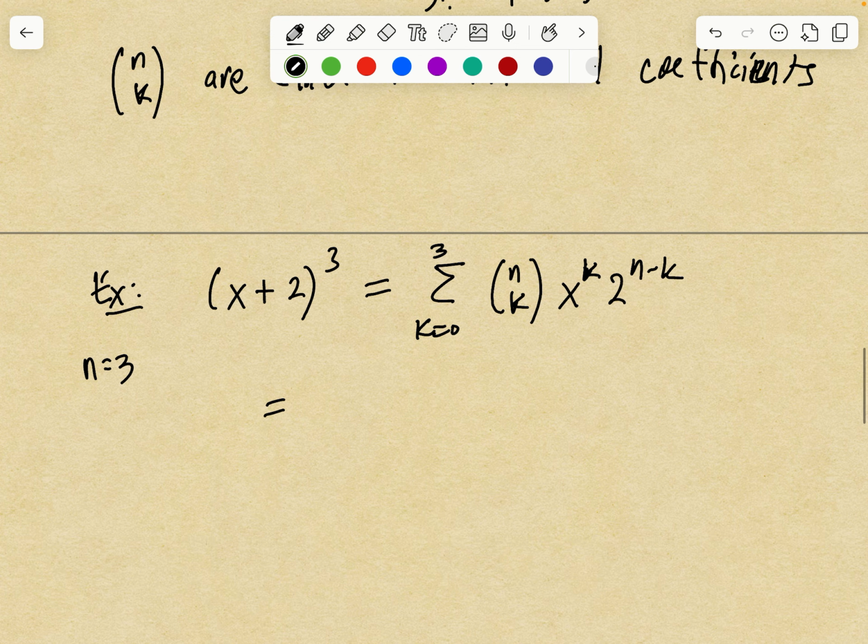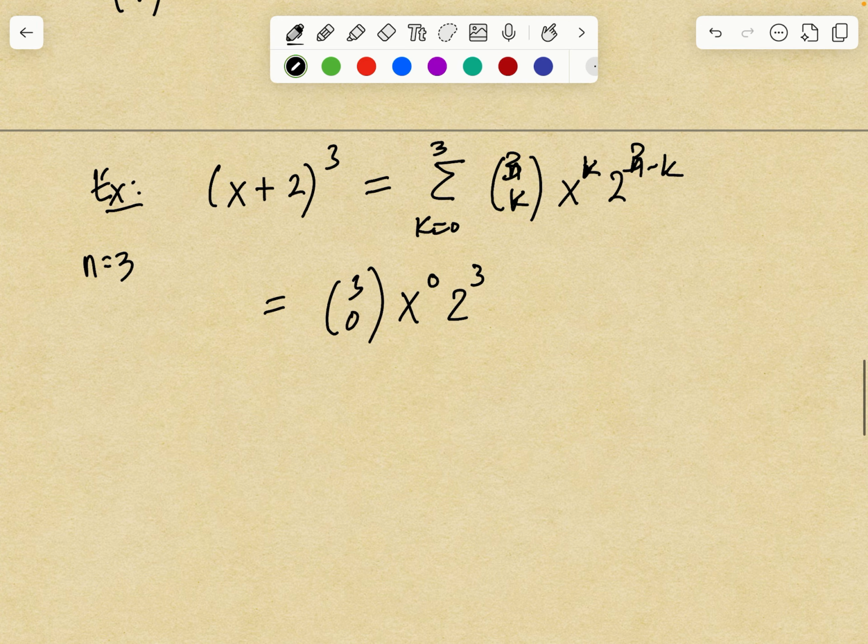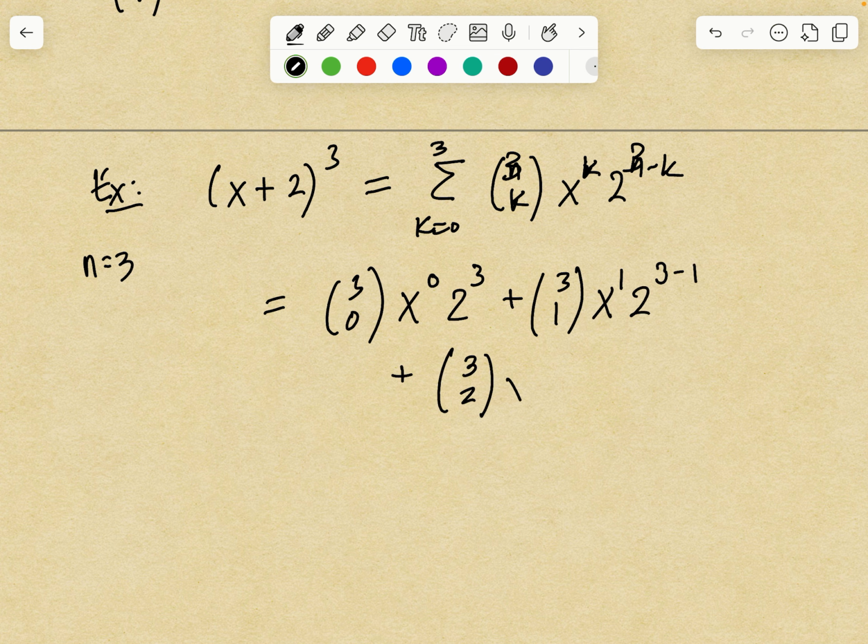And this is going to be 3 choose 0, x to the 0 power times 2 to the 3 minus 0, plus 3 choose 1 times x to the first power times 2 to the 3 minus 1, plus 3 choose 2, x squared times 2 to the 3 minus 2, plus 3 choose 3, x cubed times 2 to the 3 minus 3 power.